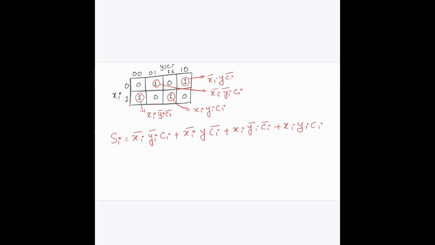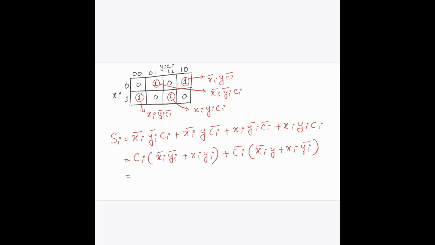Here some ci terms are common, so we can group those together. This can be written as ci into xi bar yi bar plus xi yi, plus ci bar terms, which can be written as xi bar yi plus xi yi bar.